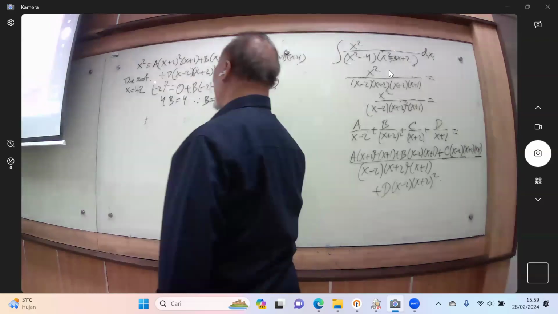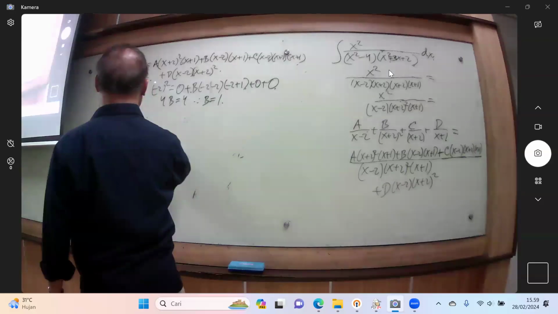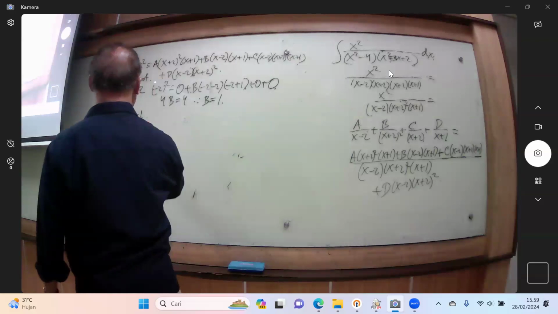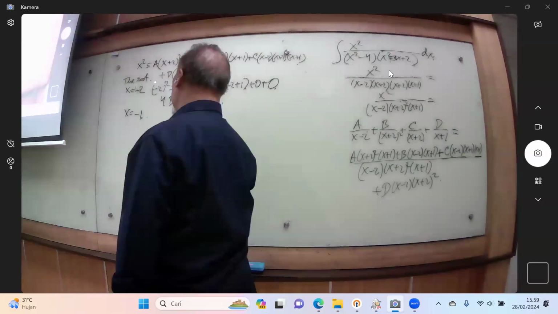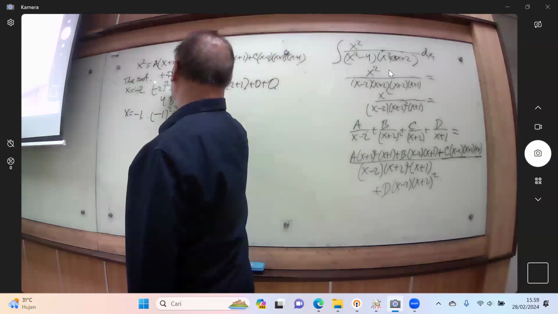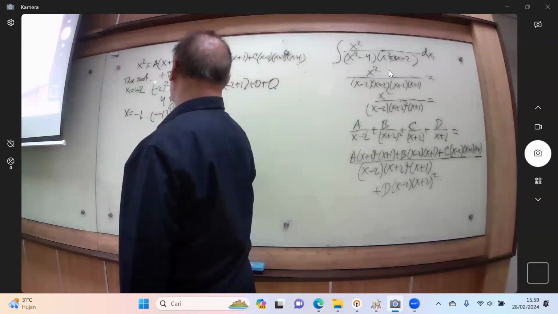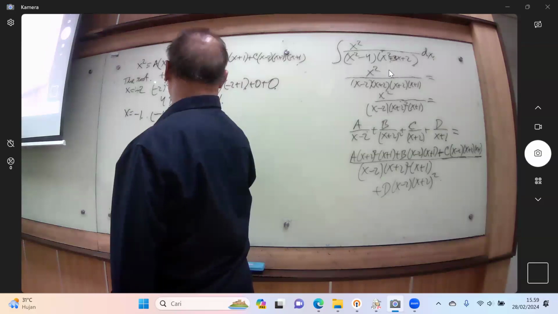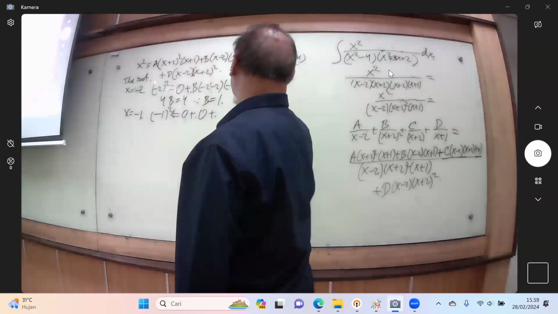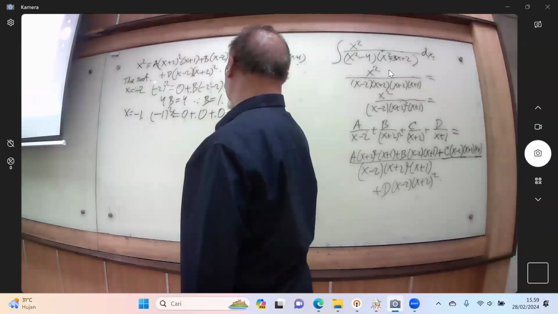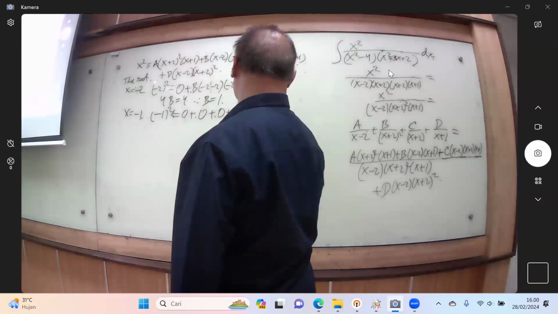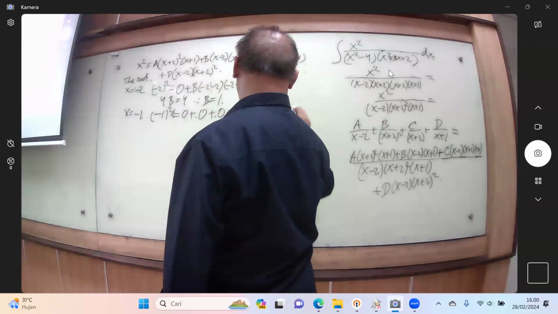Another root is x equals minus 1. So if x equals minus 1, then we have minus 1 square, plus this one is 0, for B is also 0, for C is also 0, then for D, minus 1 minus 2, minus 1 plus 2 square.